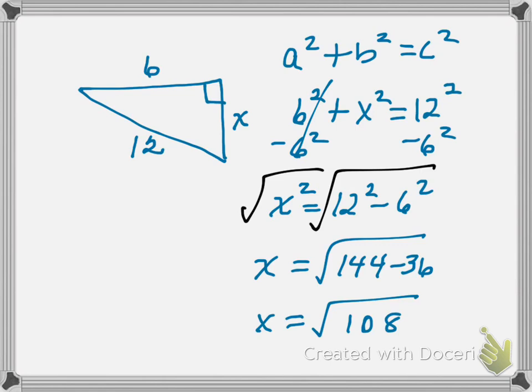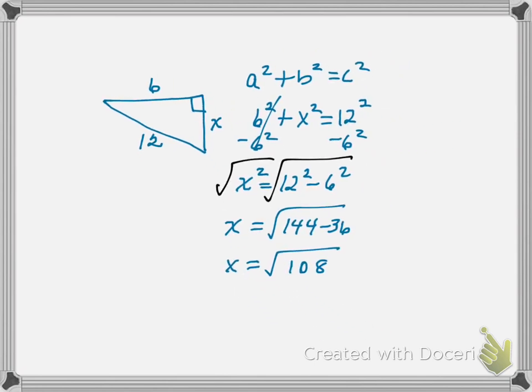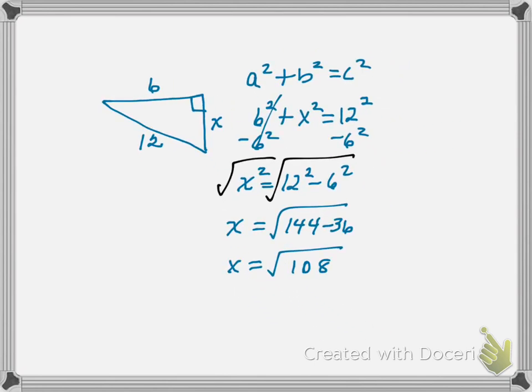So now, how can I break that 108 down? Well, you got to find something that has a nice square root that will go into 108 evenly. So 108 should be divisible by 4. Anytime the last two numbers are divisible by 4, the whole thing should be. So 108 divided by 4, you could do that on the calculator. 8, subtract, I get a 2.